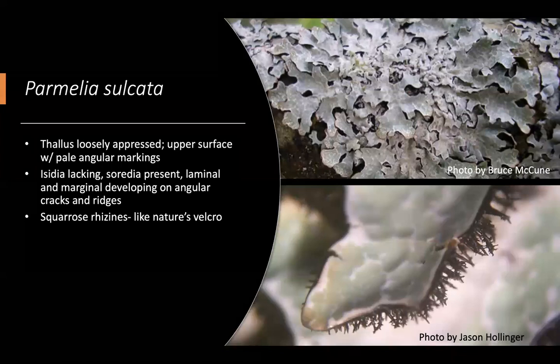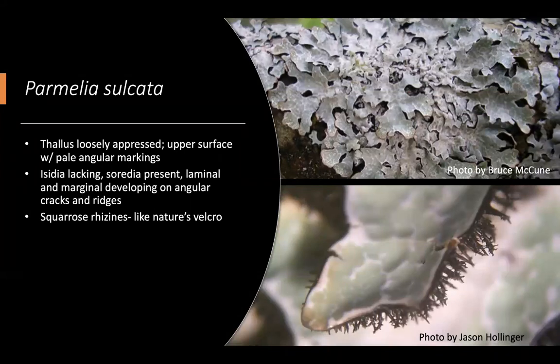This species lacks isidia, but develops soredia along these angular cracks and ridges along the surface. They can also develop on the margins, so laminally or marginally, you can see soredia developing. The upper surface has these pale angular markings on it, which you see here. That's Parmelia sulcata.